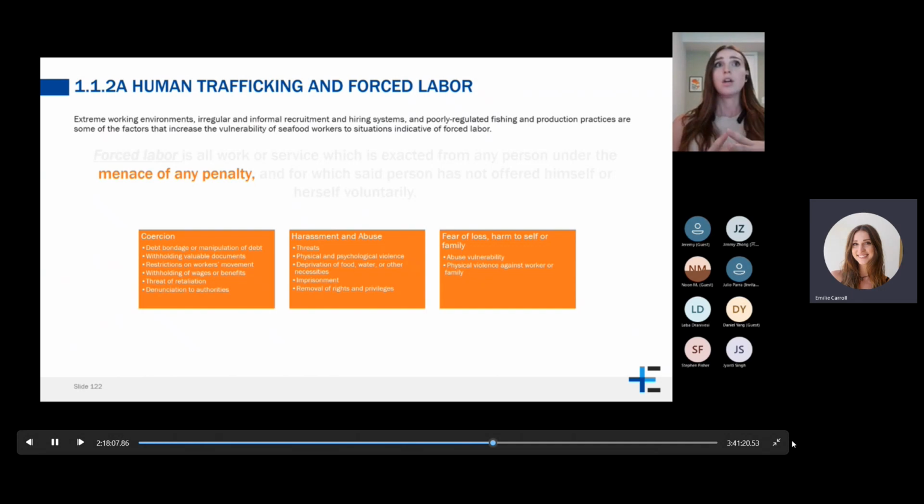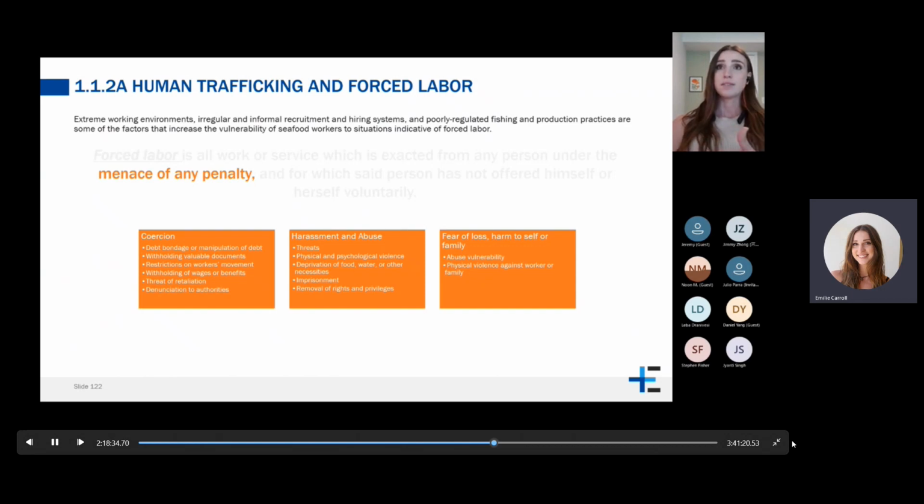This can go in a lot of different forms: withholding valuable documents, like a passport if someone can't return home to a different country, restriction on workers' movements, withholding of wages or benefits, threat of retaliation, and denunciation to authority. All of these are tools used by an employer to coerce a worker to remain in employment that they might not want to stay in.